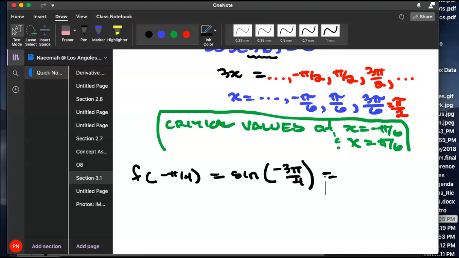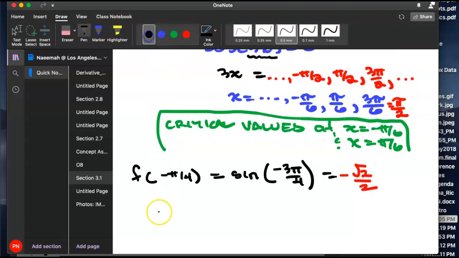Since it's negative, you're going clockwise, and that's going to put you in quadrant 2, and sine is negative there. So in that case, you're going to get negative square root of 2 over 2.